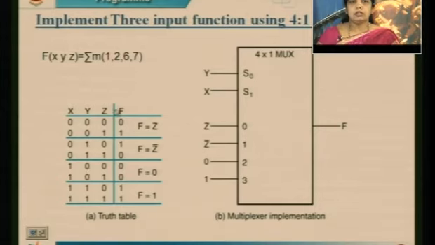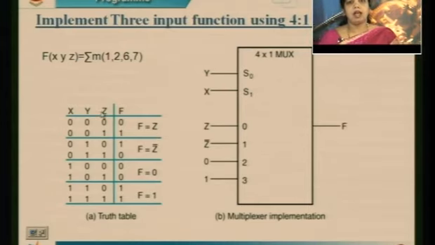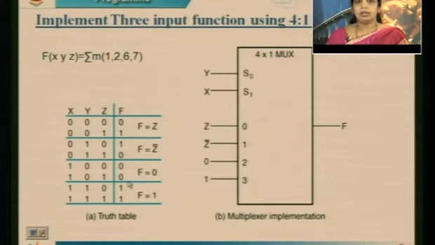So what about this third variable? This third variable, we call it the map entered variable. I am going to reduce this and give it as an input, so this will become an input to the mux. So how do I write this input? Whenever I do this grouping, I have already reduced 8 to 4.